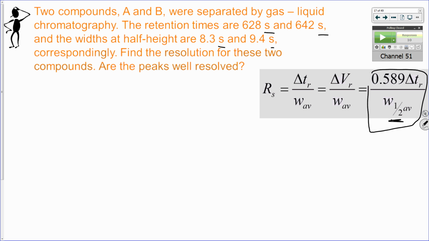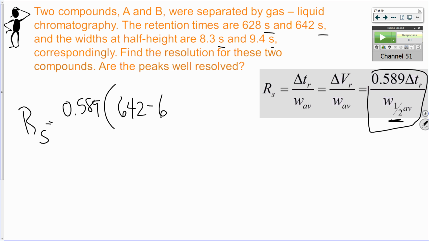So resolution equals 0.589 times the difference in the retention times. So the last eluting less the first eluting, divided by, at the bottom, the average width at the half height.